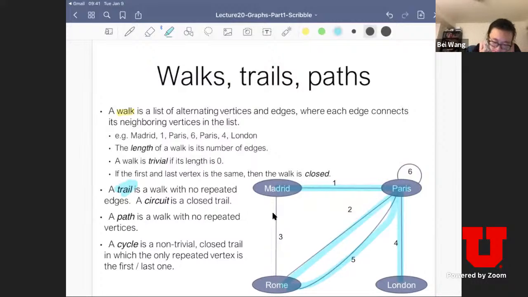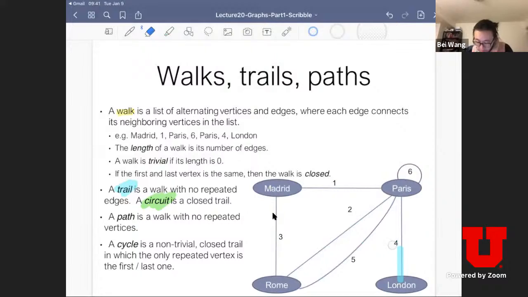The next concept is what's called a circuit. A circuit is a closed trail. First of all, a trail cannot have repeating edges, and a circuit is a closed trail, so you start with the same vertex and come back. For example, going from Rome to Paris and Paris back to Rome, that is a circuit.